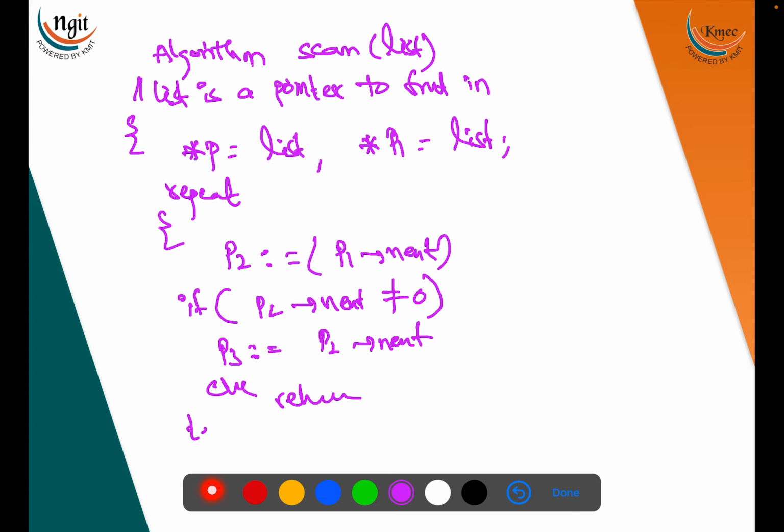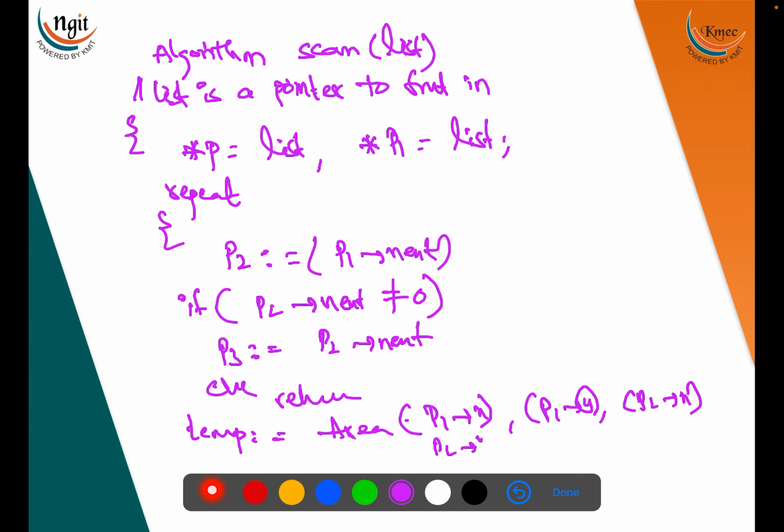Now we'll take a temporary value, finding the function area, that is p1 to x comma p1 to y, p2 to x comma p2 to y, p3 to x comma p3 to y.